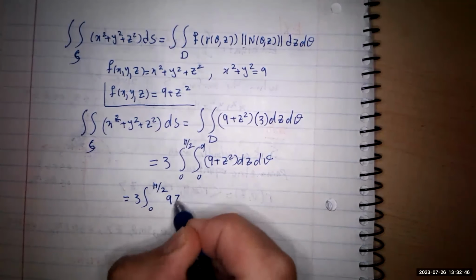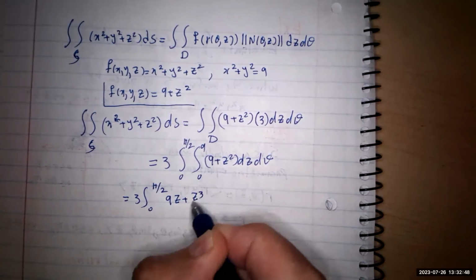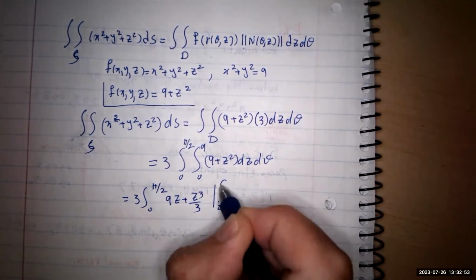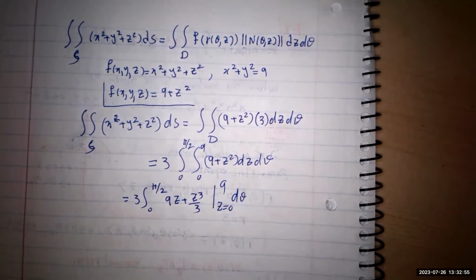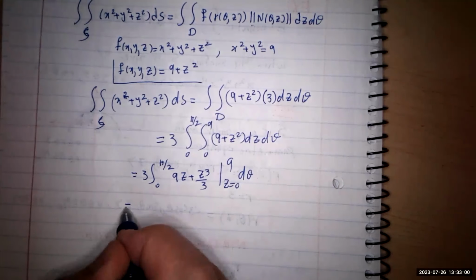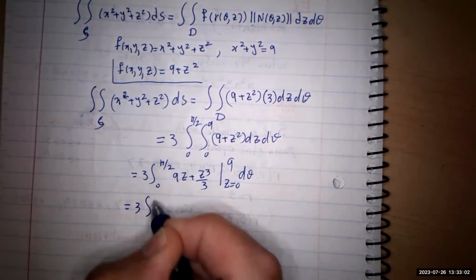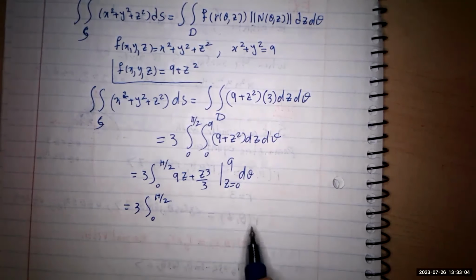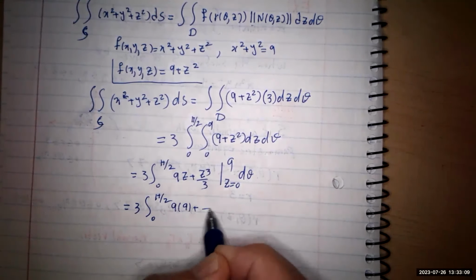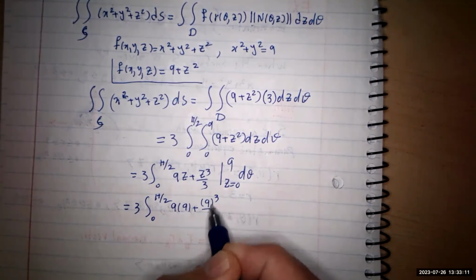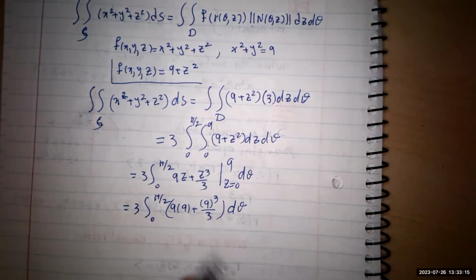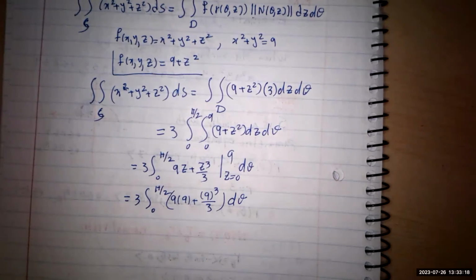Now integrate with respect to z, which is an easy integral to apply. With respect to z, that gives 9z plus z cubed over 3, with z going from 0 to 9. And when you're done, you come back and integrate with respect to theta. So this is going to be equal to 3 times the integral from 0 to pi half of 9 times 9 plus 9 cubed over 3, d theta.